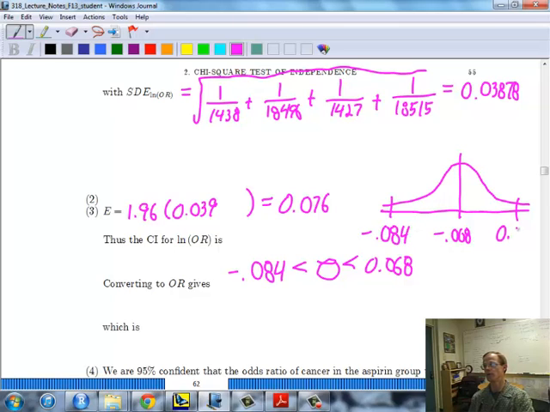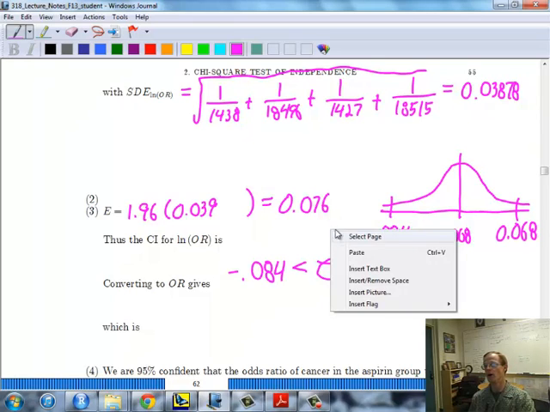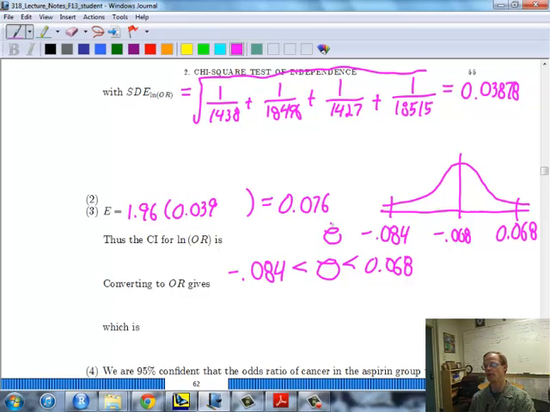Now, that is not the final result that we're looking for. Notice this is on the scale of the log odds ratio, which is not of interest to us. So since we took the natural log of the odds ratio, to undo the natural log, we exponentiate. Take e to that power, and that will give us our original odds ratio.